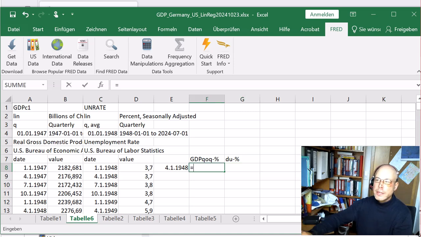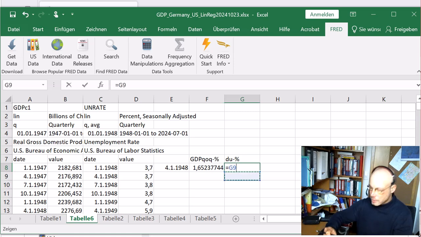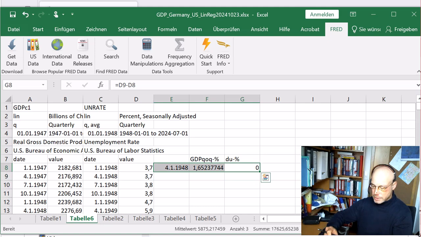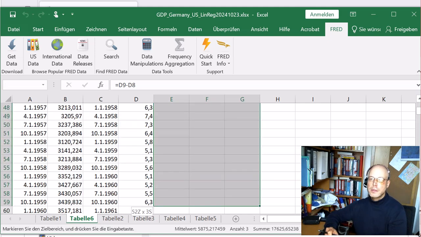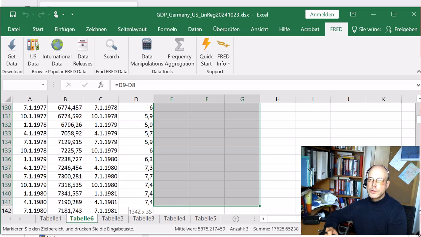And the growth rate is this over this minus 1 times 100, and the change in unemployment is second quarter 48 minus first quarter 48. So, and now we can go down to 2024.